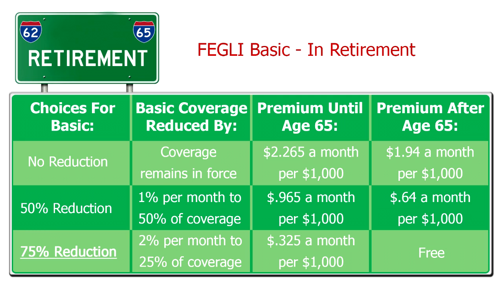So your FEGLI Basic premium with 75% reduction choice is free after age 65. However, at age 65, the death benefit reduction begins, and your basic coverage will start to reduce 2% every month until it reaches 25% of your initial basic death benefit.